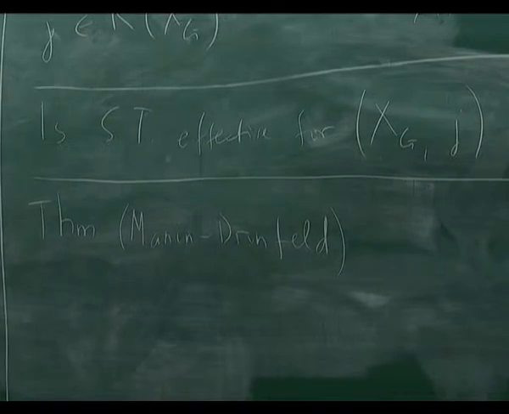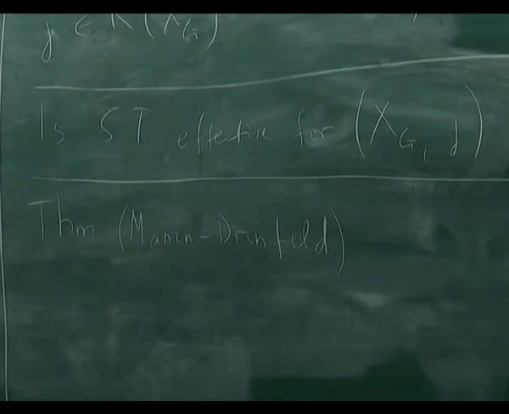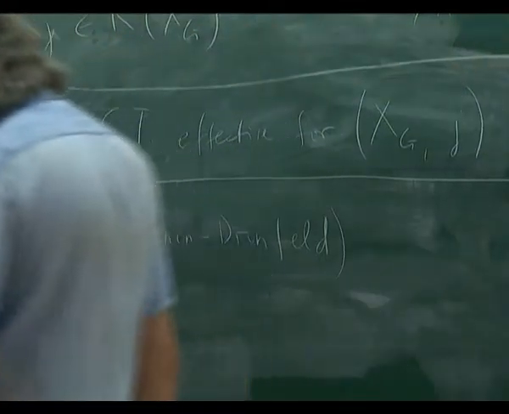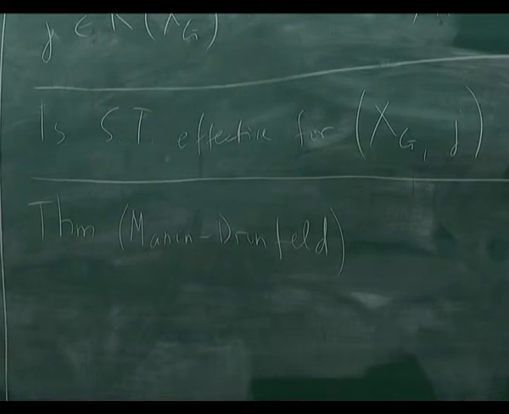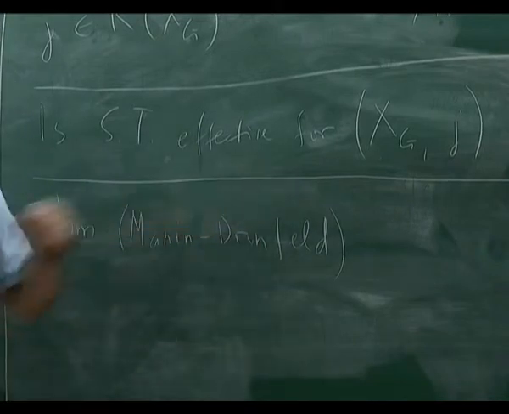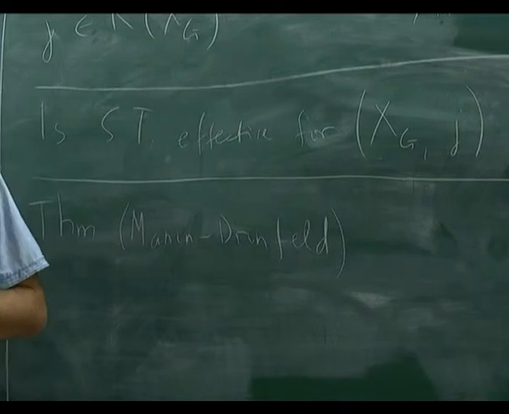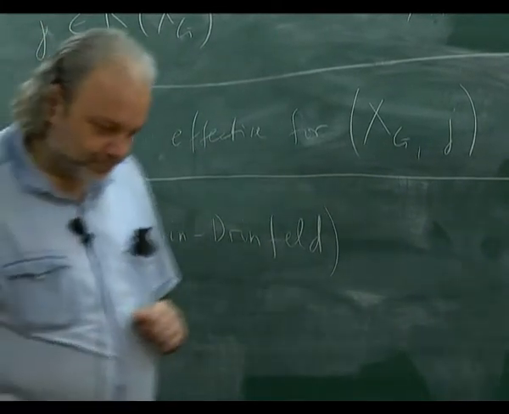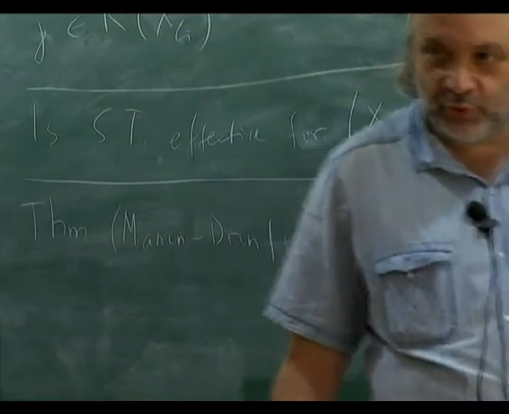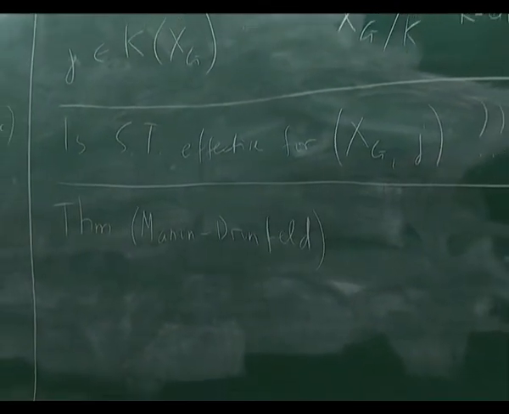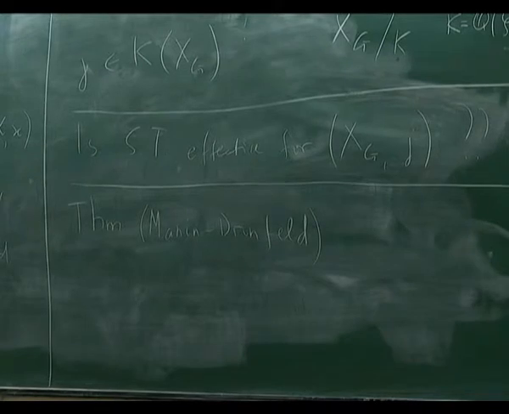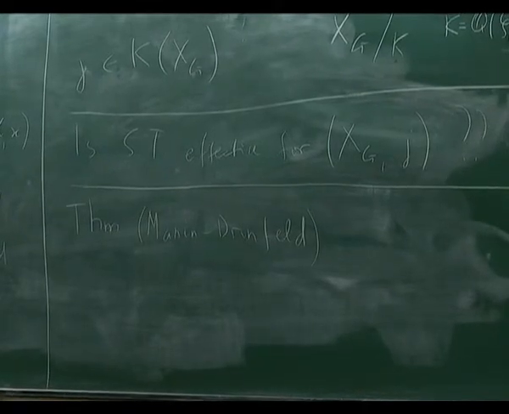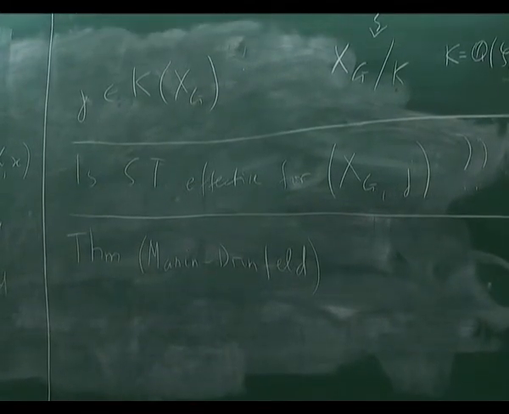I'm pretty sure that this was known in this or that way well before, and I will give some arguments a bit later to support this point of view. But it's traditional to call it the theorem of Manin-Drinfeld. Let us call it that.